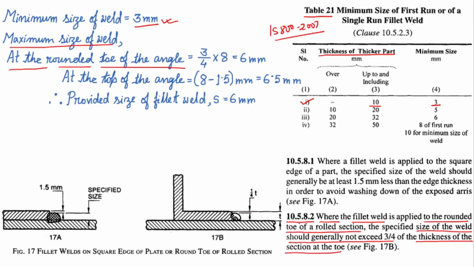So the thickness of the angle is 8 mm, and the maximum size of the weld should be 3/4 of 8. So that is 6 mm in this case for the rounded toe of the angle.